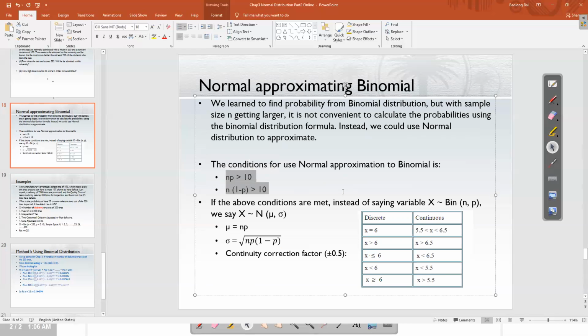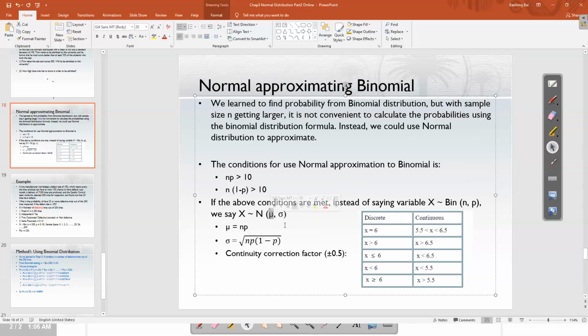If the conditions are not met, then don't approximate, because your approximation will be way off. So how do we approximate? It's very simple. If the conditions are met and you're ready to approximate, instead of saying x is binomial with parameters n and p, we're going to say x is approximately normal with parameters mu and sigma.